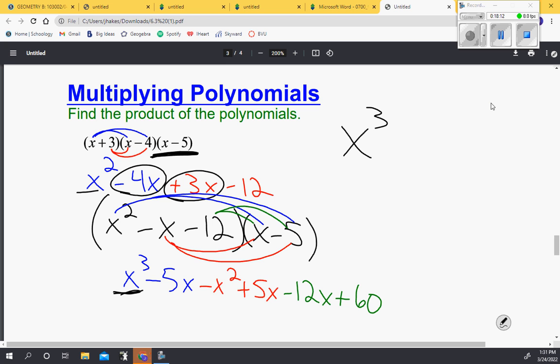I'm going to go on to x squared. I have one negative x squared, nothing else with it. That just goes into my answer. I have a negative 5x, a positive 5x, and a negative 12x. Combining all of those together, we have negative 12x.